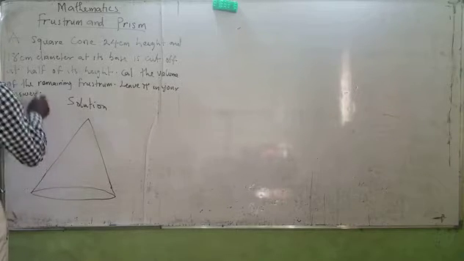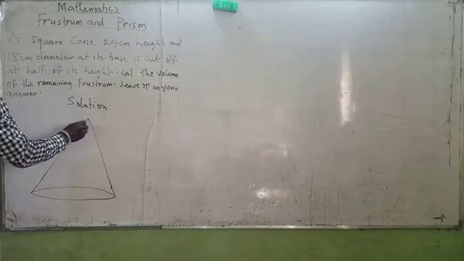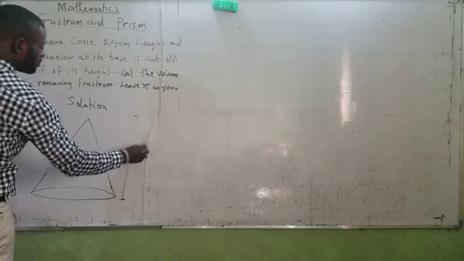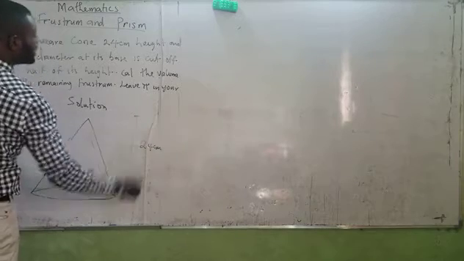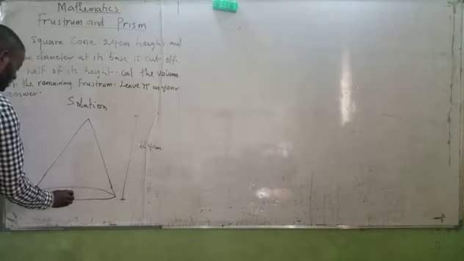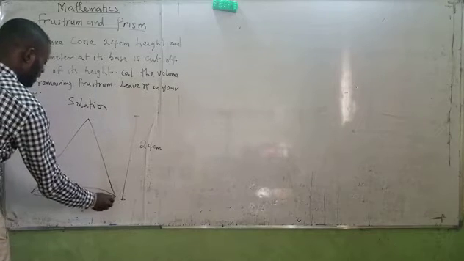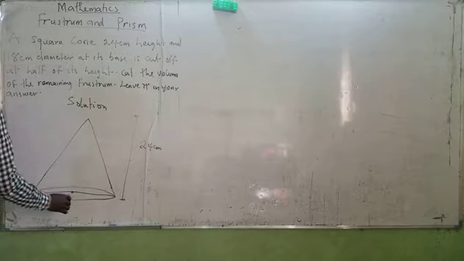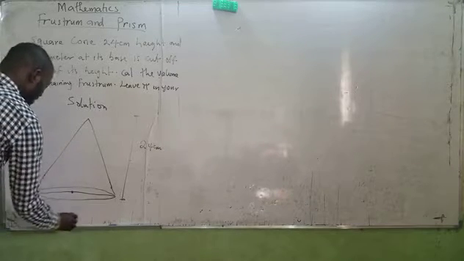Before we move on, the height is what? The height is 24 centimeter. And the diameter is what? 18 centimeter. From here to here, it will be 18 centimeter.